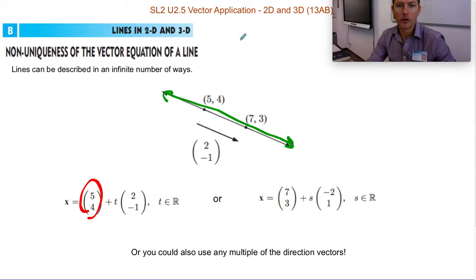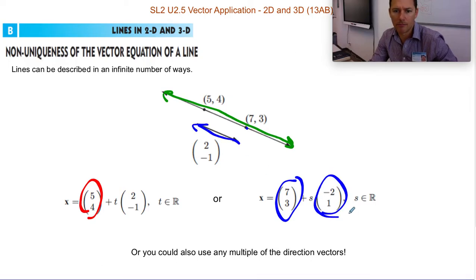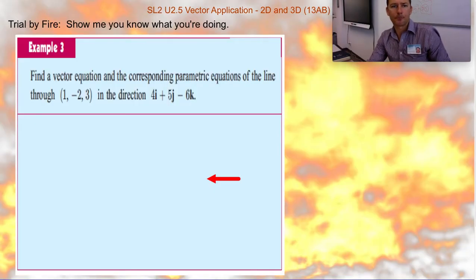Or you can say start at 7, 3 and move opposite the direction vector, t times whatever. So multiple ways to say the same equation. So if you're having a hard time with your answers in the back, check that you're not using a different vector. Cool.